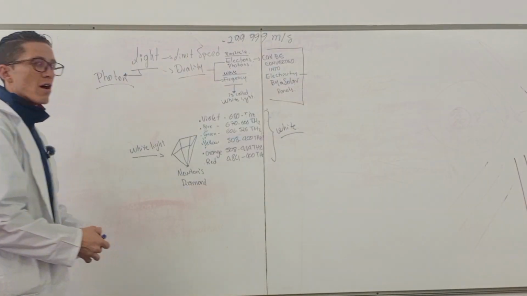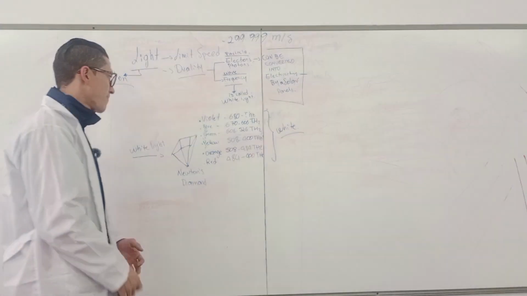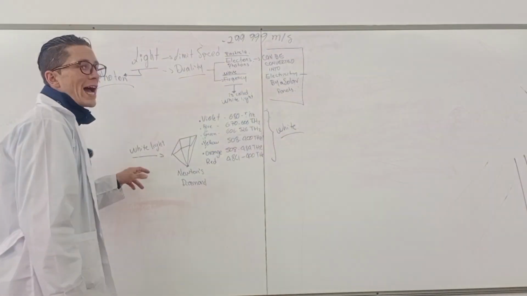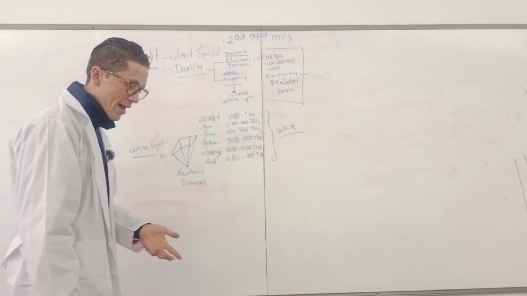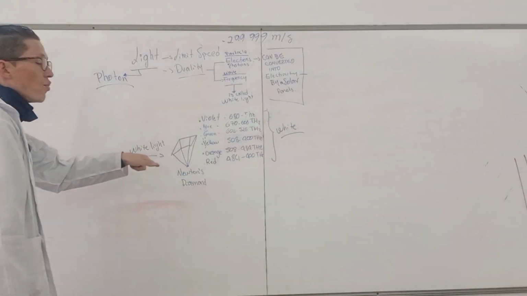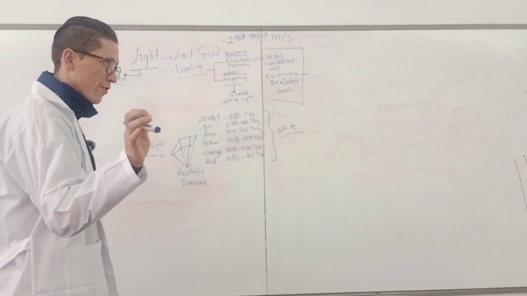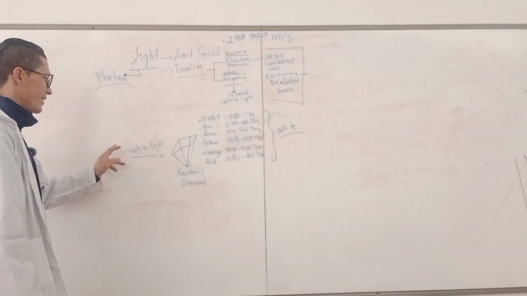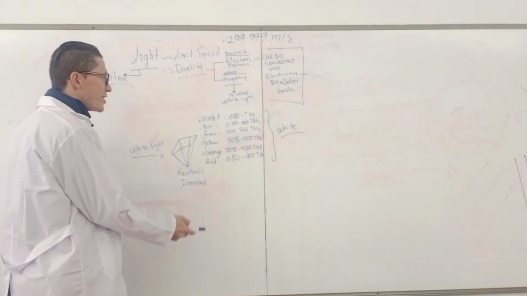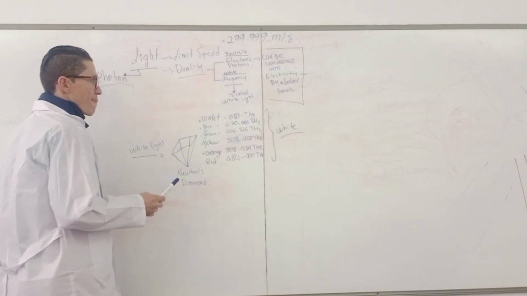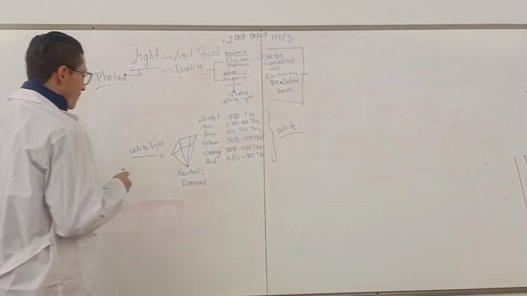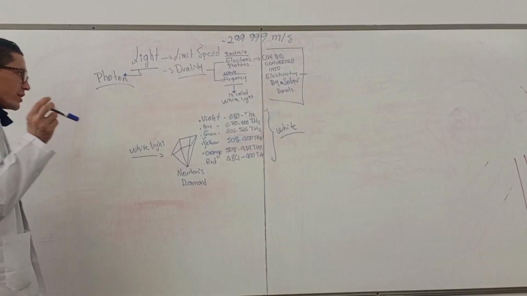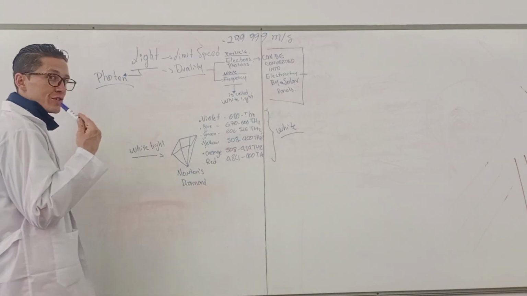Regarding this logic, for white light we have to talk about Newton's diamond. Newton was the first one, if I want to say this, that mentioned this. Also Maxwell and Planck, but I want to mention Newton in this case.